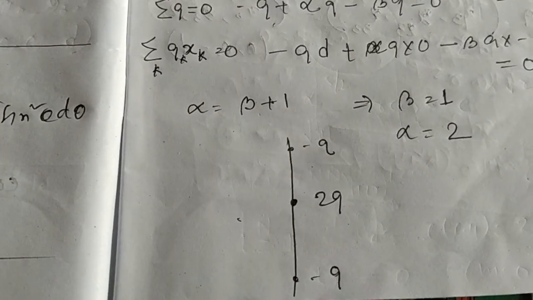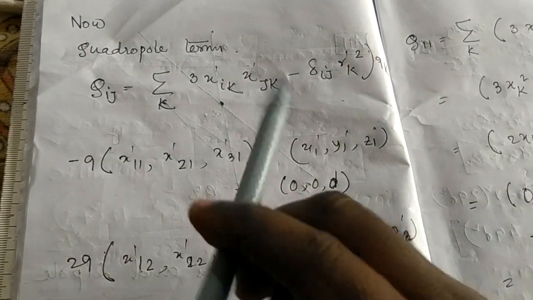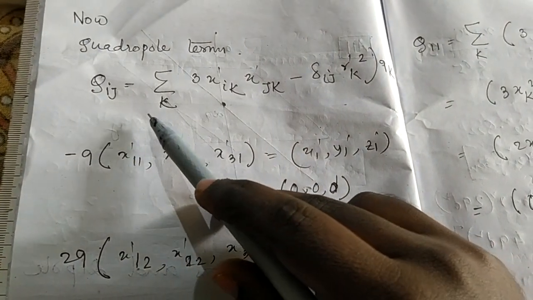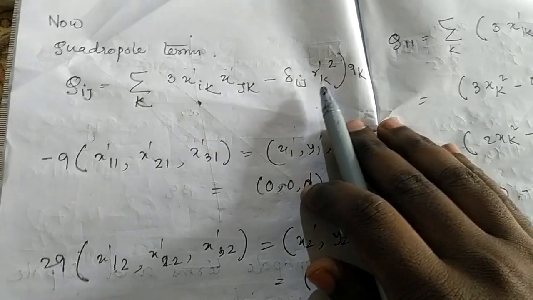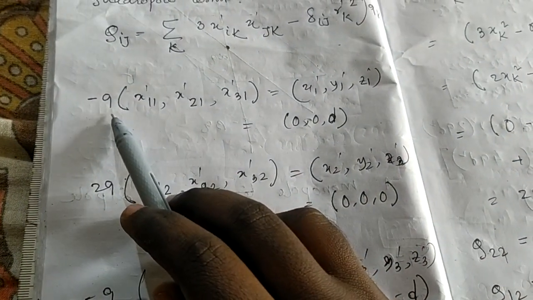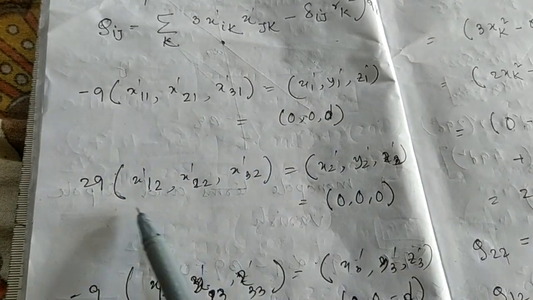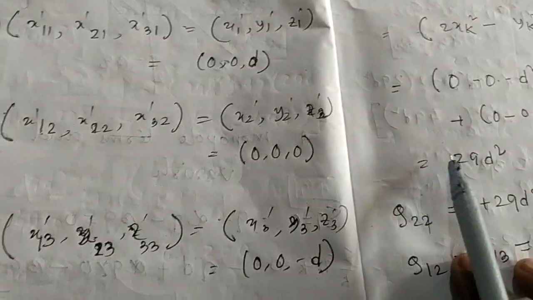Okay. Now the quadrupole term is this. This is the expression given for the quadrupole term. Okay. So now this is the position for the minus q charge, this is the position for the plus 2q charge, and this is the position for the minus q charge.